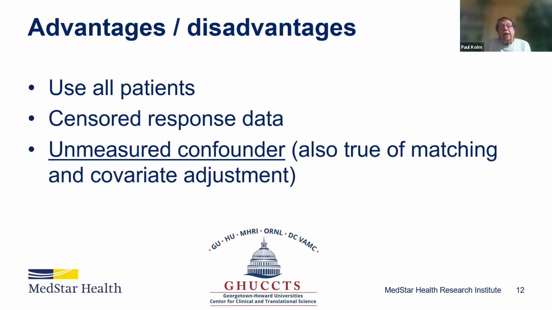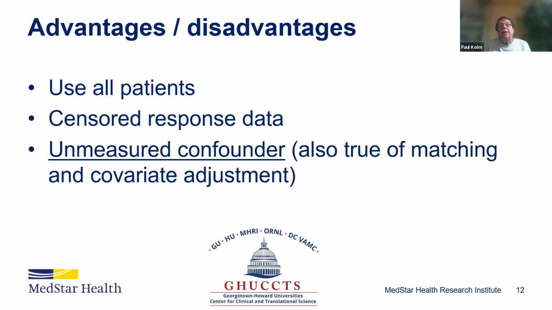The one disadvantage, though, and this is also true of matching or doing covariate adjustment, is if you have an unmeasured confounder, in other words, there's another variable that you haven't measured that affects the outcome of being in one treatment group or another, then you have a potential problem, obviously. Of course, the issue is you don't know whether you have an unmeasured confounder or not.